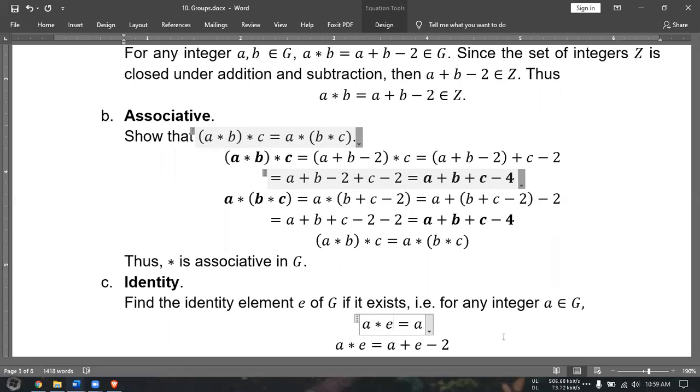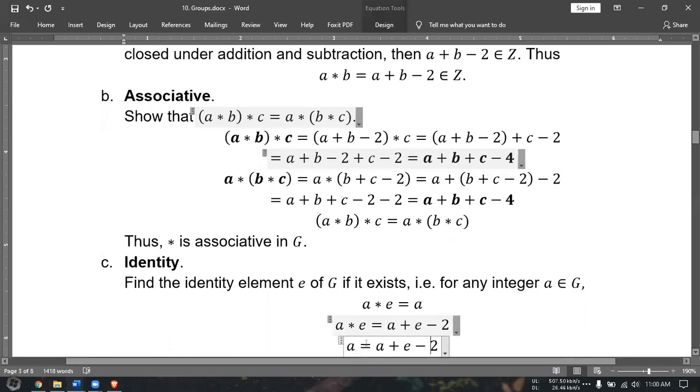So, applying the binary operation, the definition itself, A star E is equivalent to A plus E minus 2.